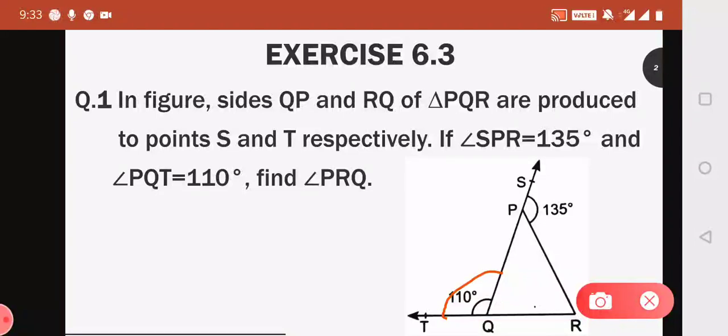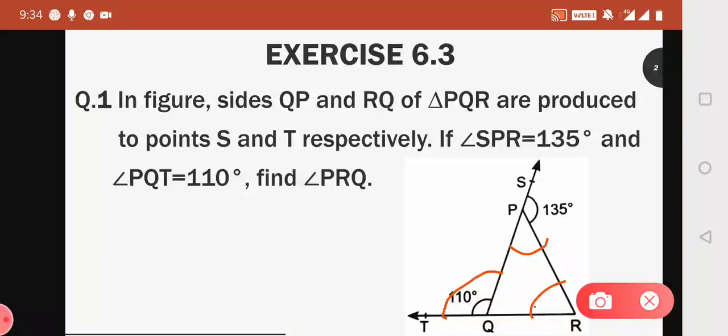Now let us see the two interior opposite angles of this exterior angle, that is angle P here, that is QPR. Another opposite interior angle is angle PRQ.